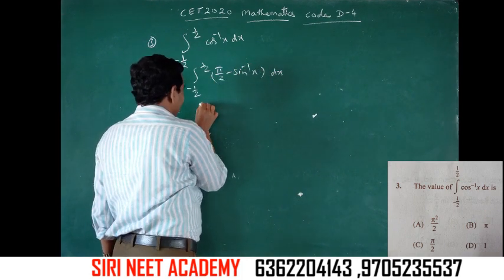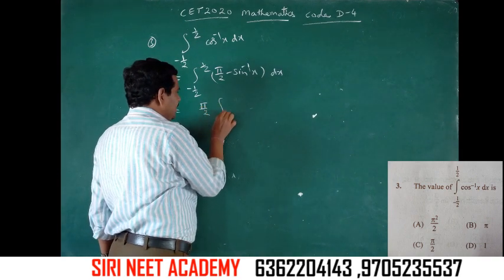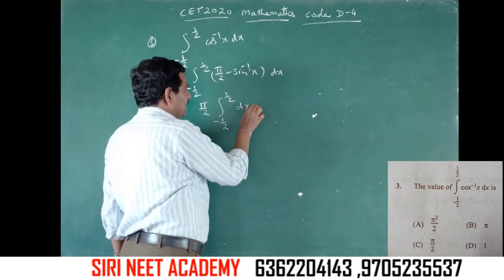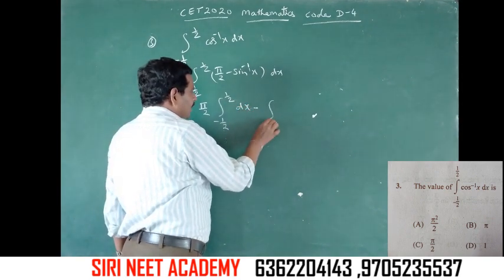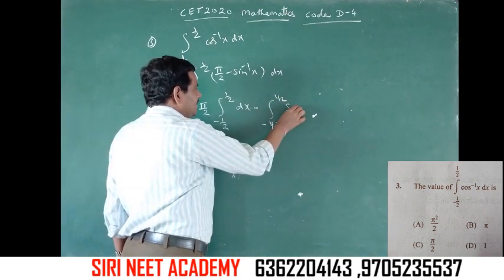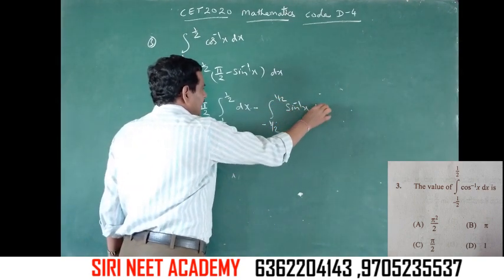Split this. First, pi by 2 is constant: integral from -1 by 2 to 1 by 2 of dx, minus the integral from -1 by 2 to 1 by 2 of sin inverse x dx.